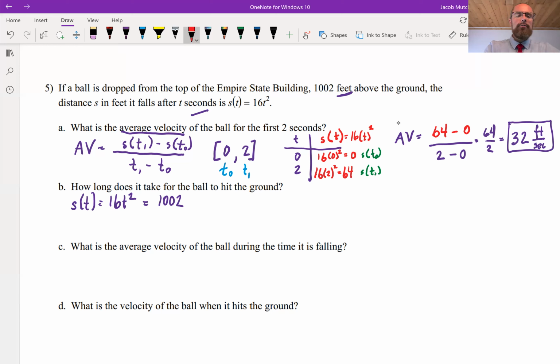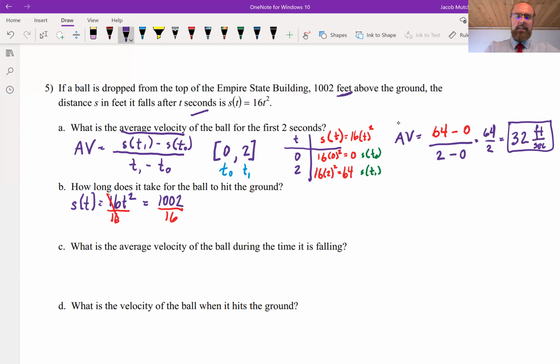So for this quadratic, I don't need to really use quadratic formula because it's not got a b term, the linear part. So all I need to do is divide by 16, and that isolates this t squared. So I'll divide the right side by 16 as well.